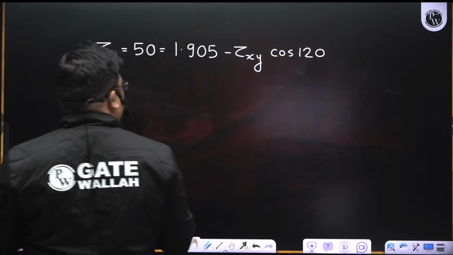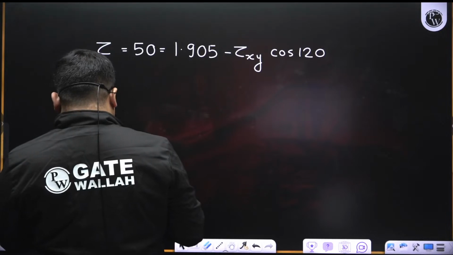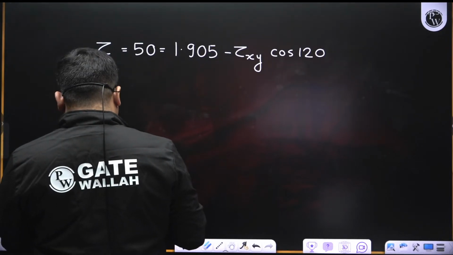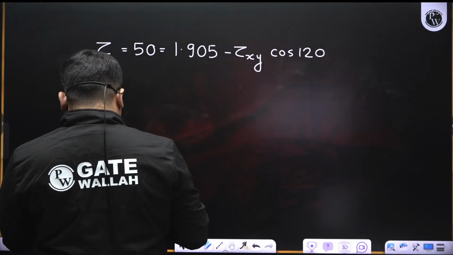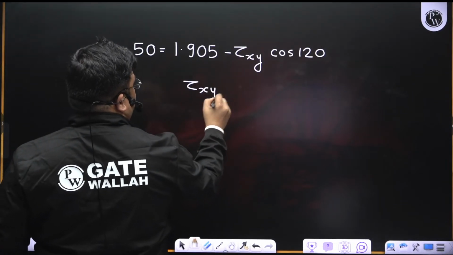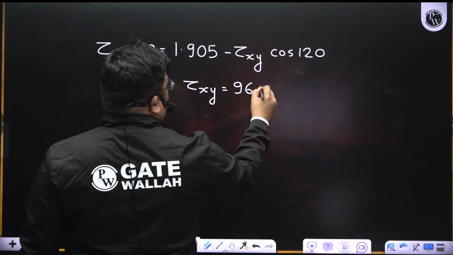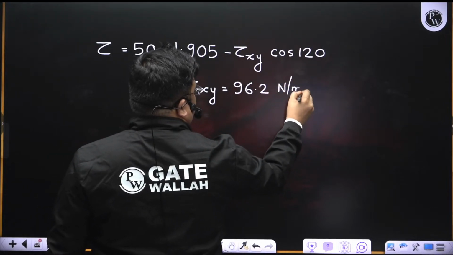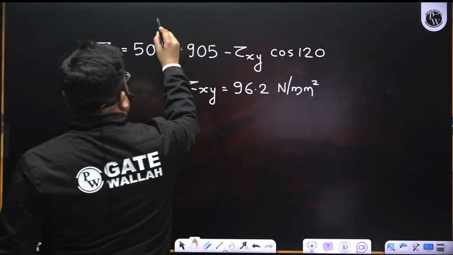So from here also, if I find out (50 minus 1.905) divided by cos 120, here also I am getting tau xy equal to the same 96.2. So you can use any one of the equations, right?